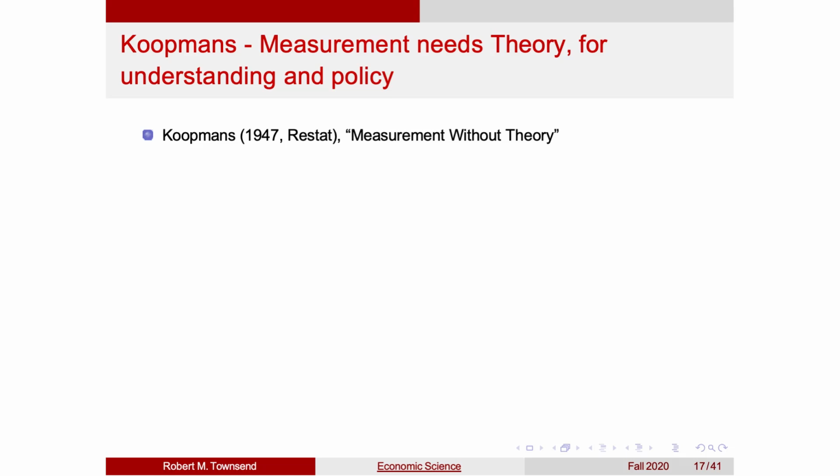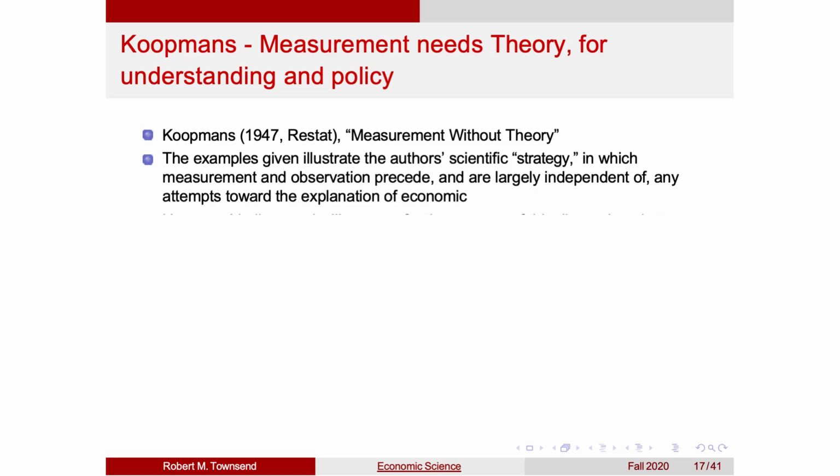So there's a bunch of quotes here from Koopmans in this famous article, Measurement Without Theory. He says, the author's scientific strategy has measurement and observation preceding and largely independent of any attempt to really explain the variables.